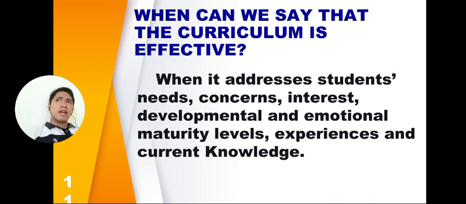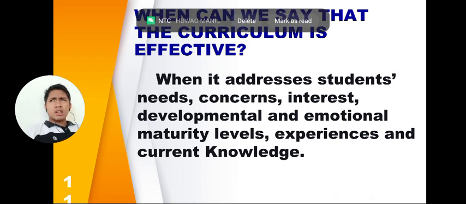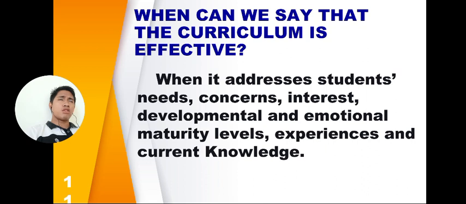If we can really help our students to the extent that we can no longer help them because they are already equipped with everything that is necessary in living in this world and competing with others, then we can only say that that curriculum is effective, no?